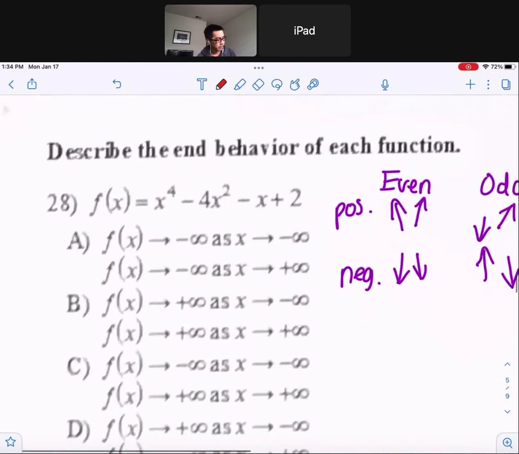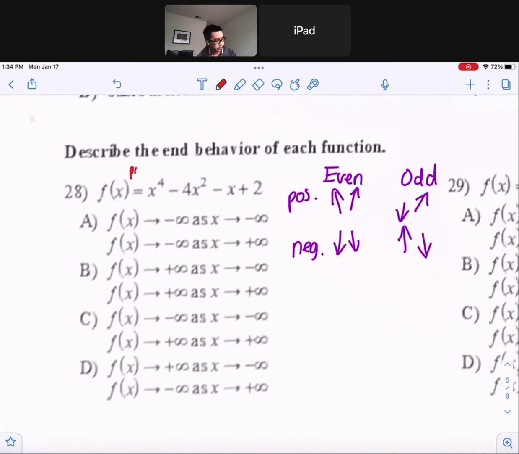So first of all, we know this is positive, and the degree is even. So it's positive even, and we're looking for one that goes up and up. Notice the left hand side is going up and the right hand side is going up, right? So x approaching negative infinity represents left, and x approaching positive infinity represents right.